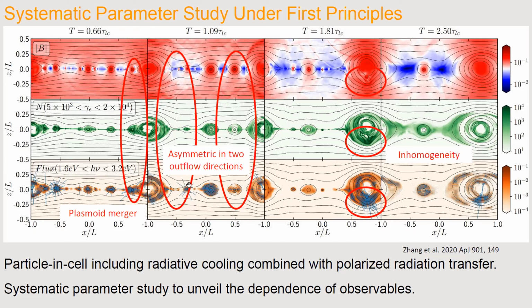We can immediately see rich features in reconnection, including the plasmoid mergers and asymmetric plasmoid distribution in the 2 outflow directions, and highly inhomogeneous distribution of magnetic field and particles, which will lead to concentration of emission and polarized flux.